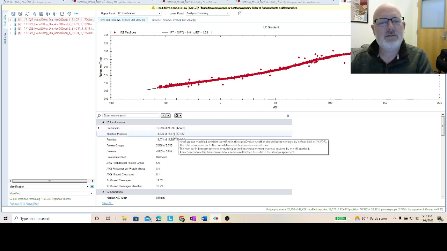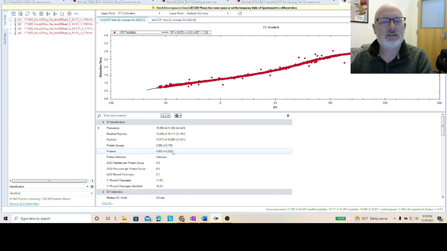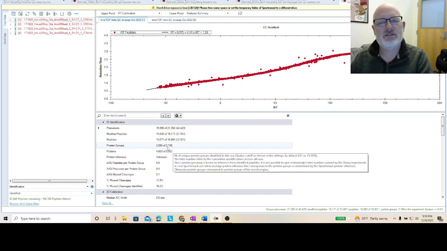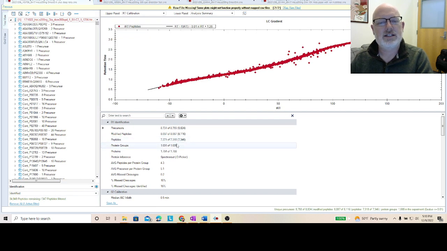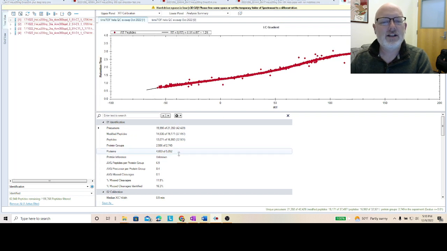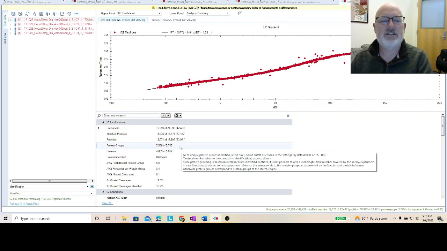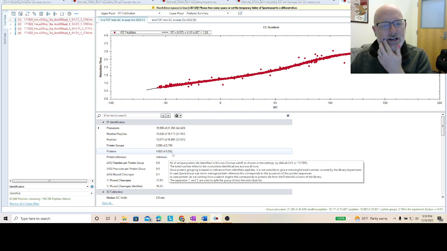Wow, peptides go up from 8,000 to 19,000, so almost double. Protein groups increase from, let's see, 1,695 to 2,700. You could see it's reporting around 5,000 proteins. But as I say, that's probably more due to the database or the library we're using and the proteins in the library than anything else.